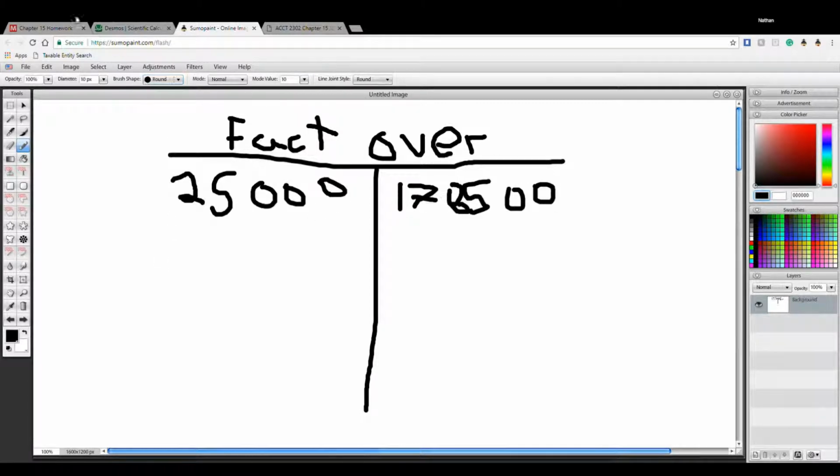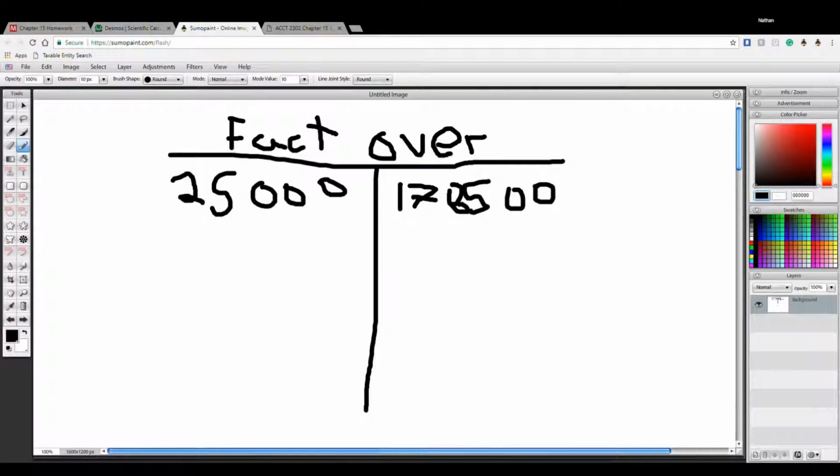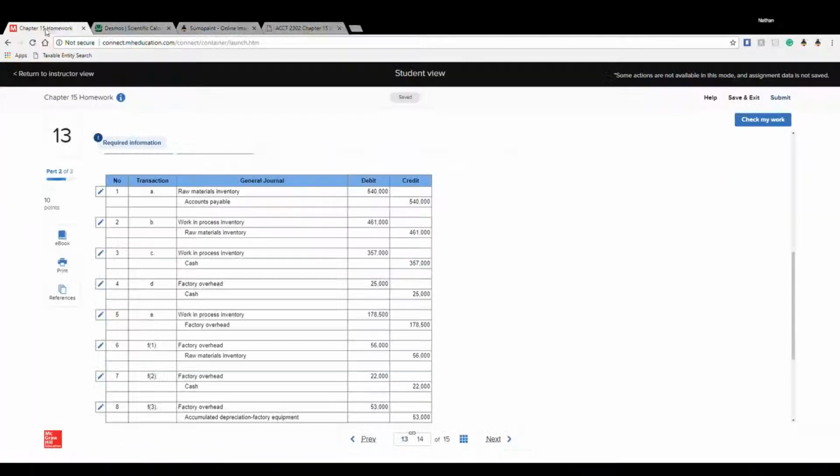Alright. Keep going. Next one. There's factory overhead of 56,000. So again, 56. As you see, I'm just putting everything into my T-chart. This way I can tell which side is bigger, which side is going to be lower, or basically if it's been over applied or under applied.